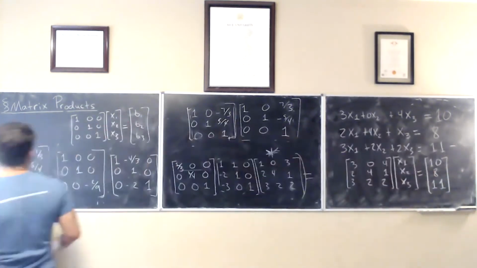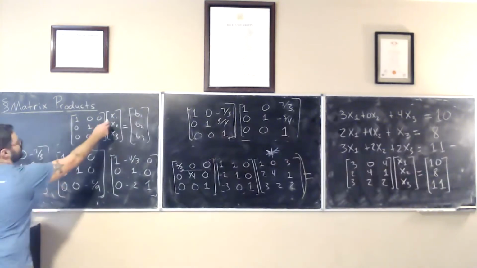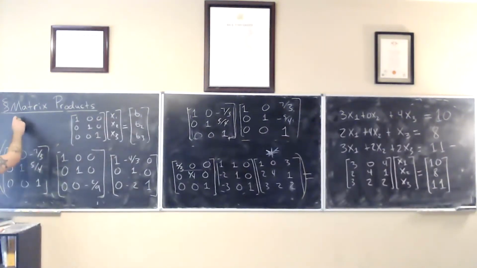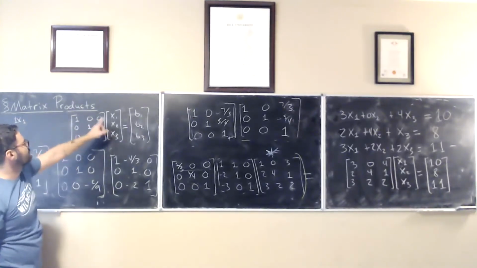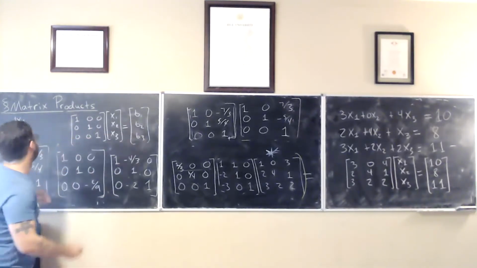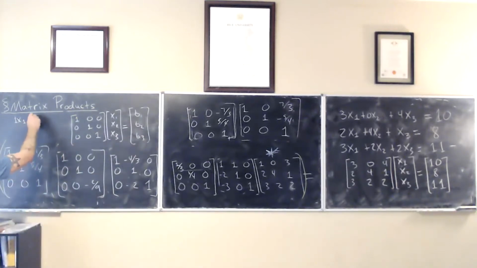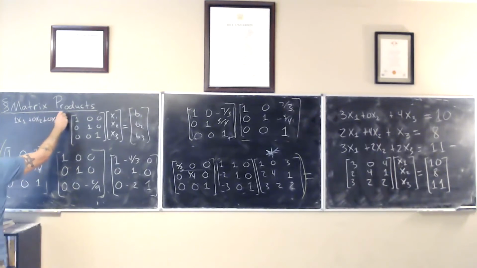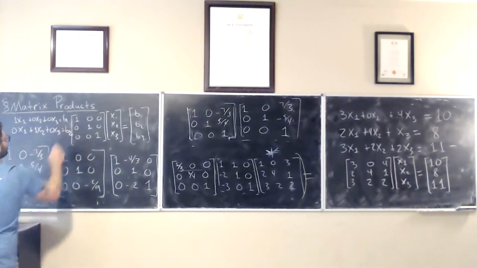Look what this product says. It says 1 times x1 plus 0 times x2 plus 0 times x3 equals B1. And then 0 times x1 plus 1 times x2 plus 0 times x3 is equal to B2.